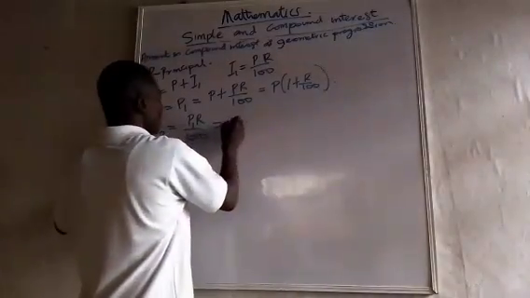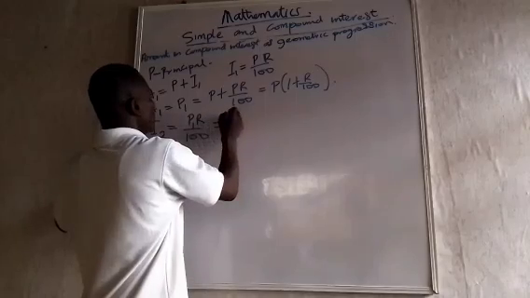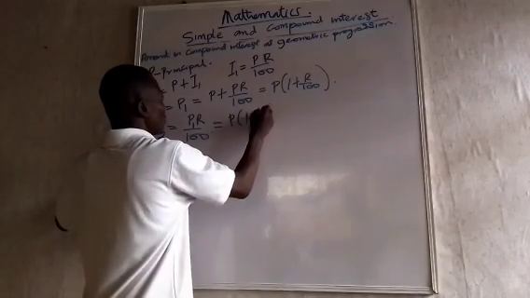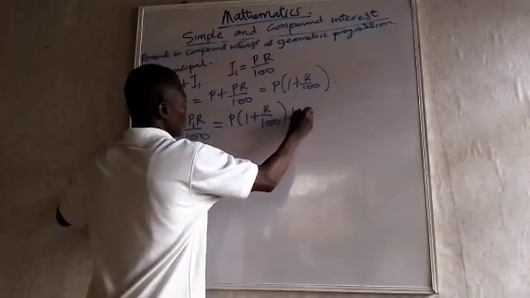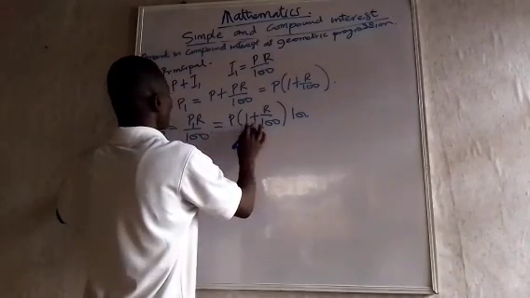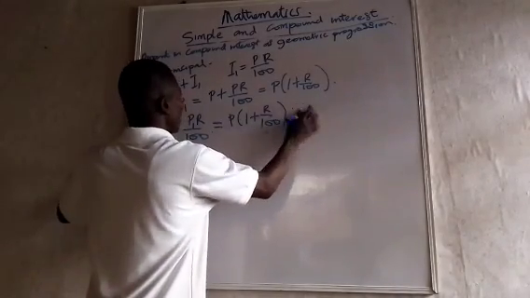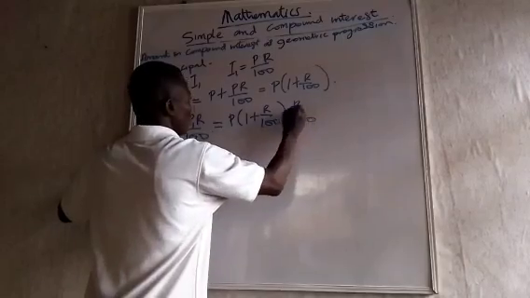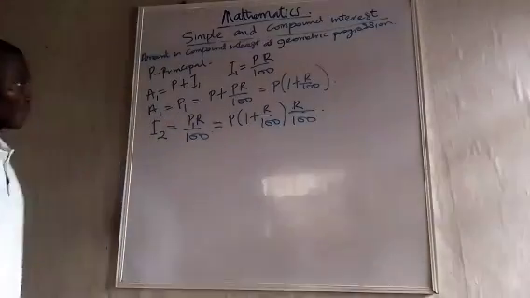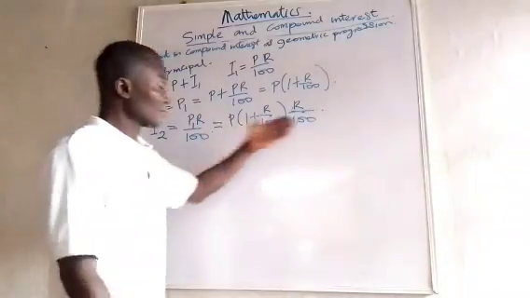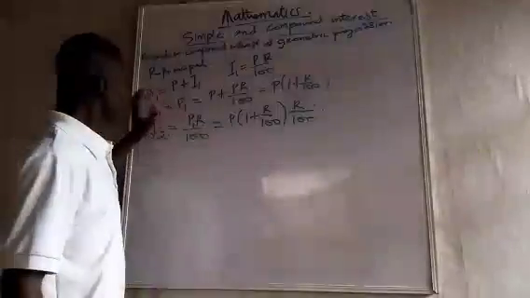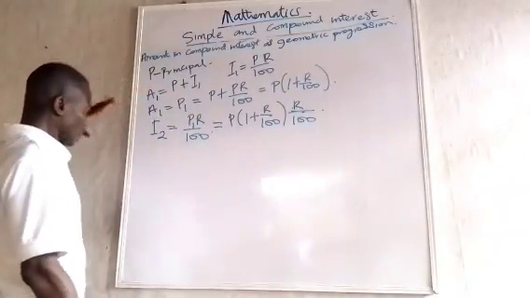And this is going to give us P into 1 plus R over 100 into R over 100, the new interest on the new amount.